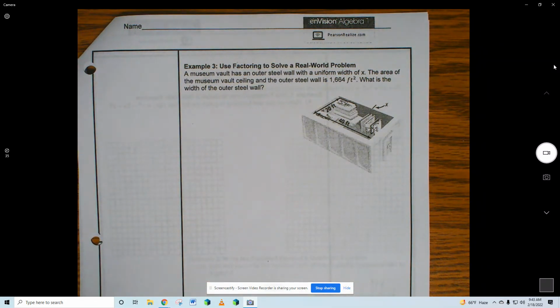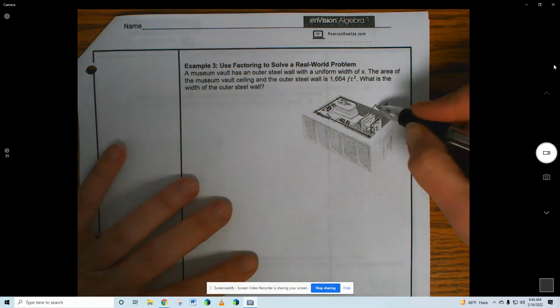A real world problem. A museum vault has an outer steel wall with a uniform width of x. So x, x, x, x.